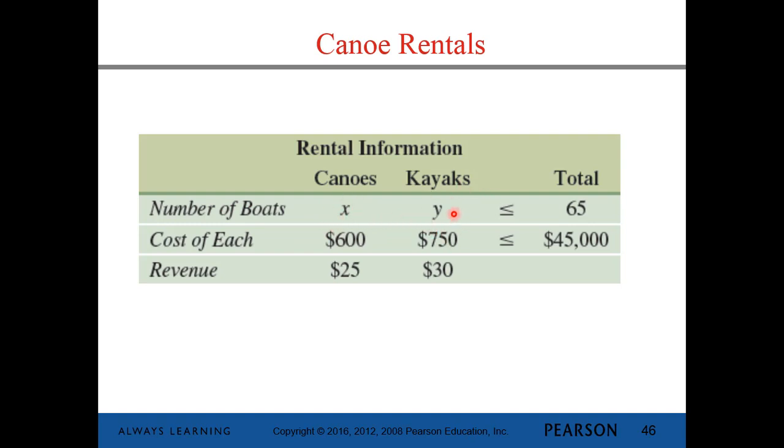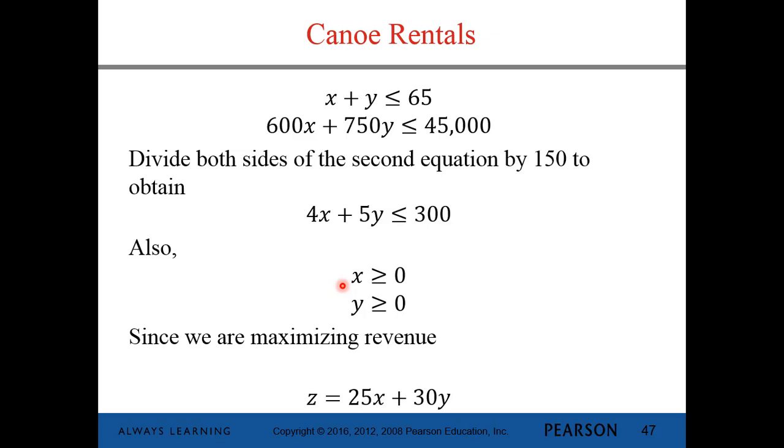We know this sum has to be less than or equal to 65. Here's the cost of each boat, and we know 600 times X plus 750 times Y has to be less than or equal to 45,000. And then here's the revenue for each boat, and this is going to be our Z function, or objective function. So this is what we end up with.